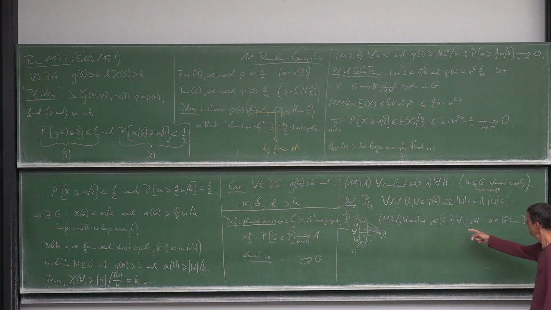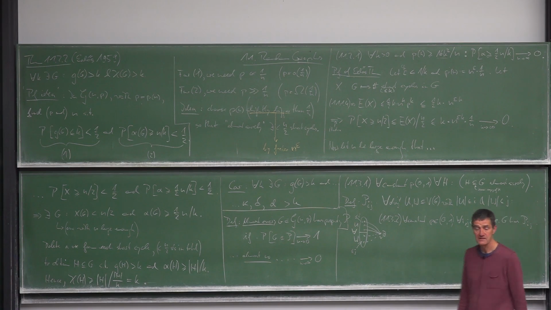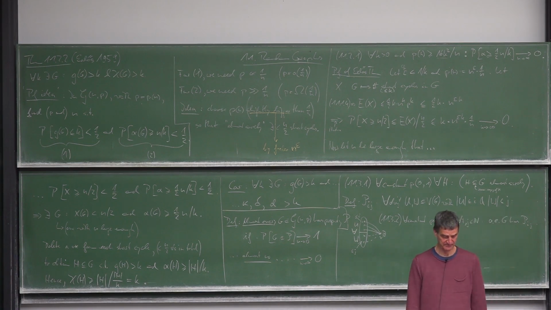Right, you just fix i, j any old way you like, and then for any constant p, almost every graph has this particular property P_ij. So let me prove that.